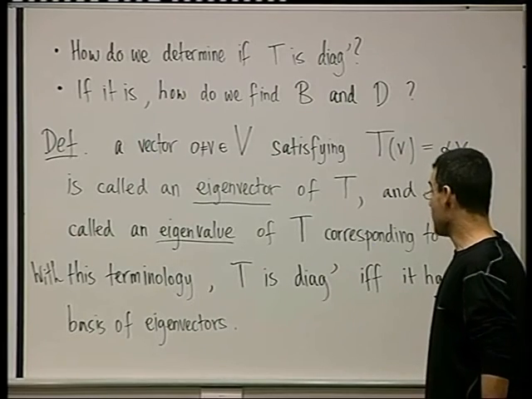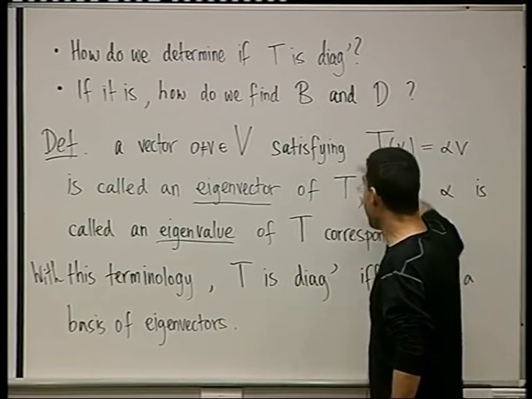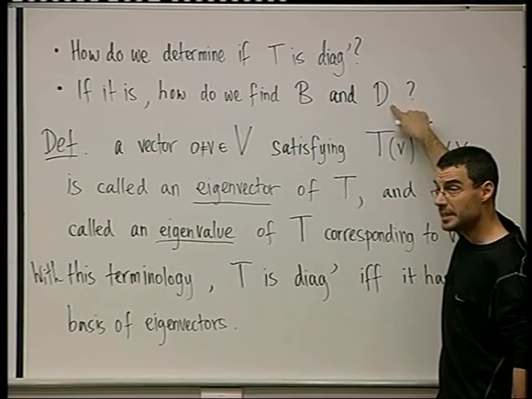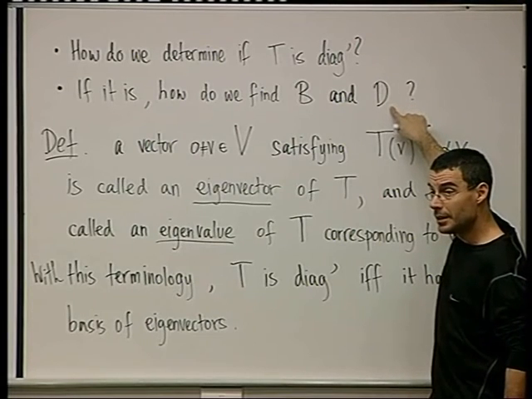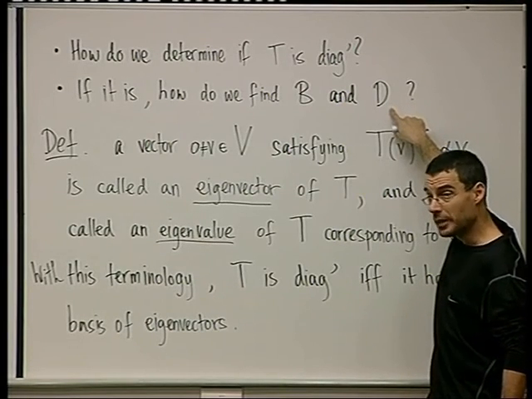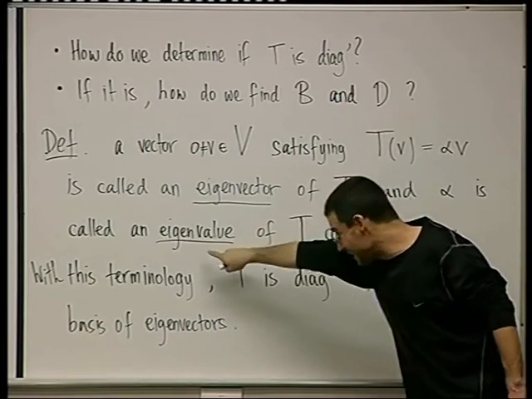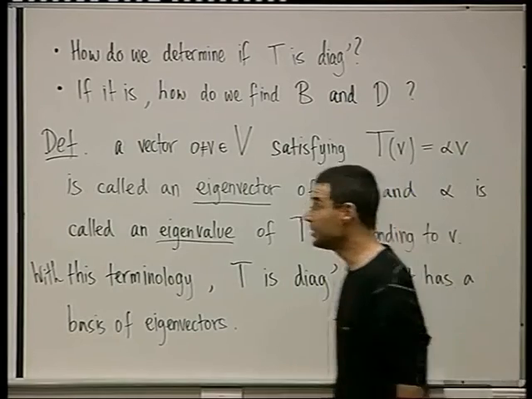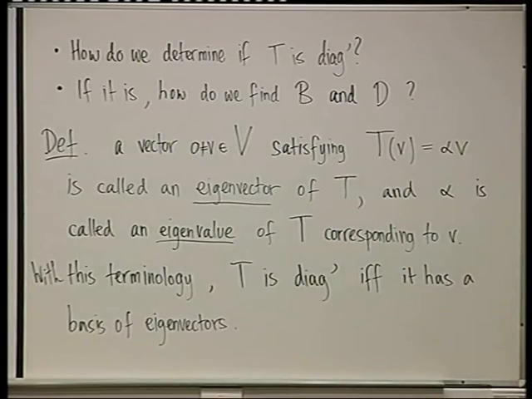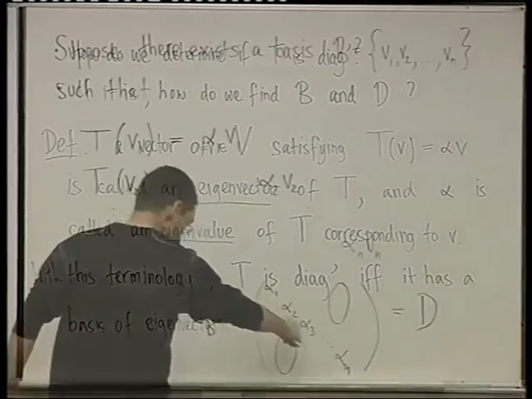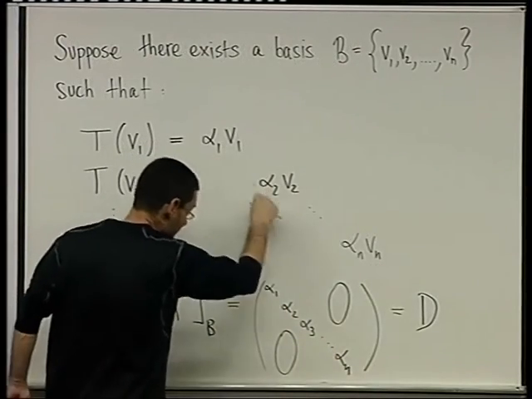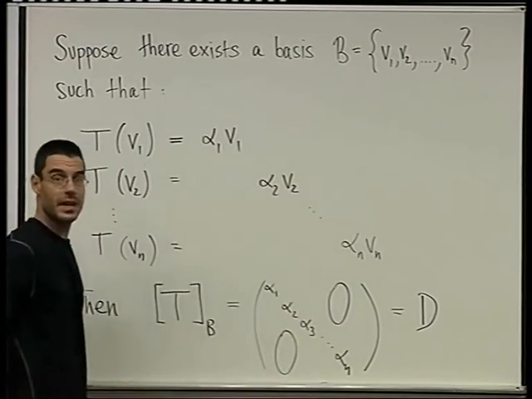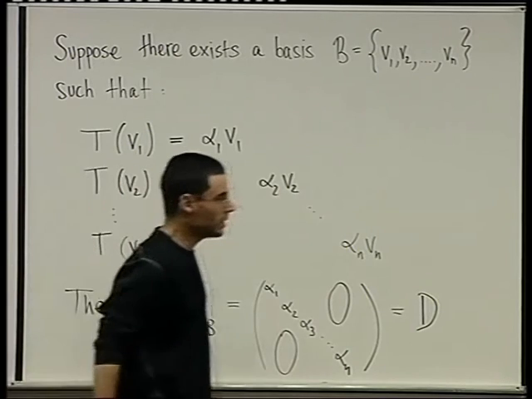And moreover, the diagonal D is a matrix which has the eigenvalues along its main diagonal. Remember what D was. D was the diagonal matrix. It had these alphas on its main diagonal. So let's write that.